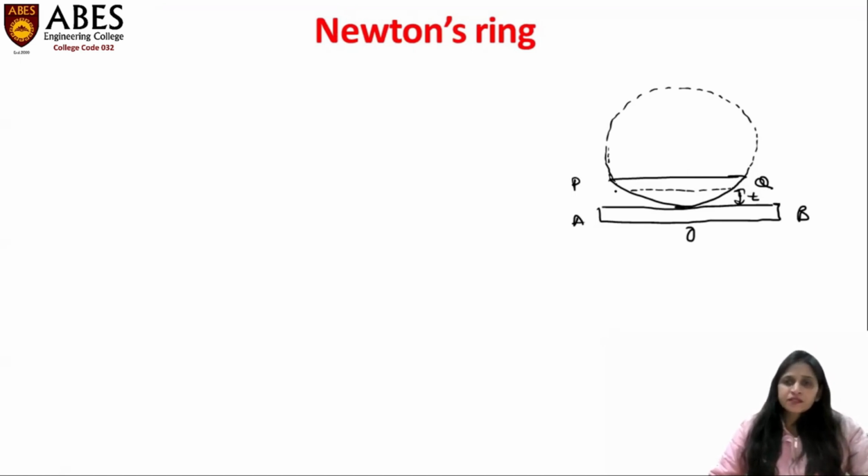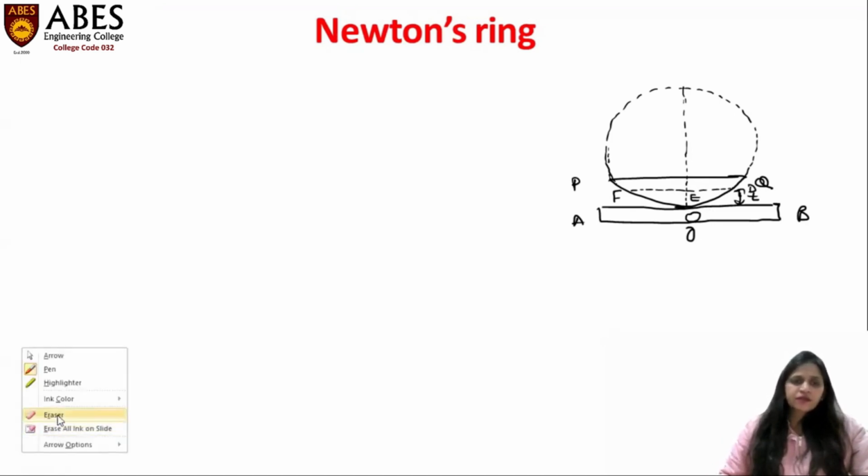And let us mark this as D. Let us draw the center. This is E and this is F. Okay, so here it is O, the center, AOB and POQ, it is O.